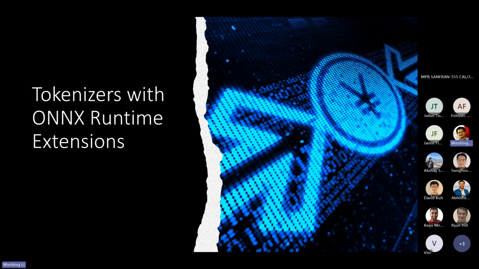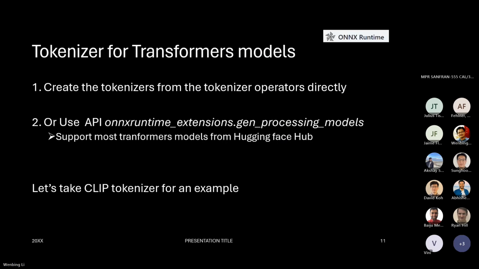Next, I will spend our time specifically on how we do tokenization. I think that's a very hot topic in recent days. For the specific tokenization for transformer models, there are two ways to create those tokenization pre-processing models.